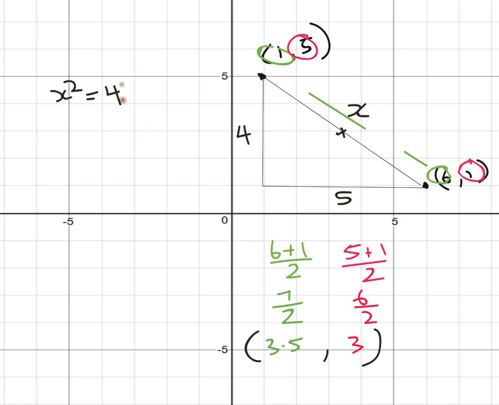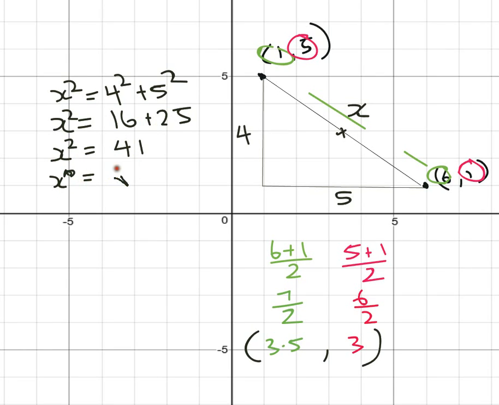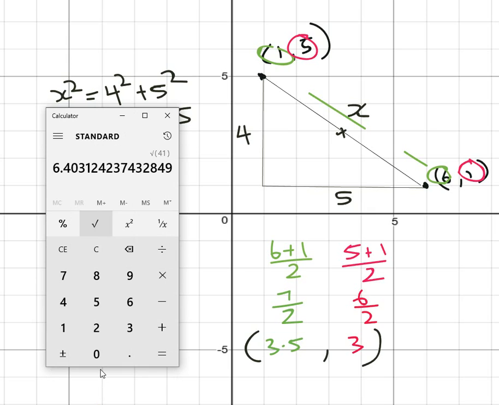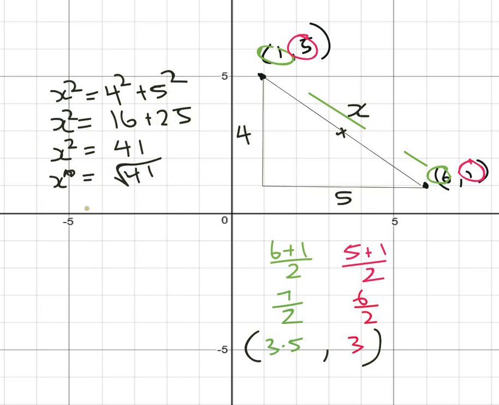X squared equals 4 squared plus 5 squared. Remember, get the number square, add them in the square root. 16 plus 25. 41. X equals the square root of 41. Luckily we've still got our calculator here, and that's 6.4. Well done.